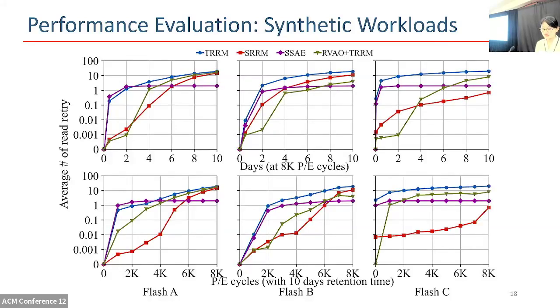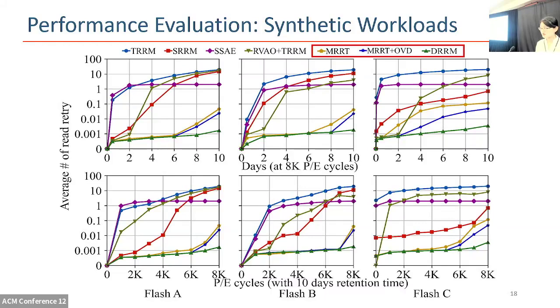The existing method has some improvement compared to the traditional method, but retries are still serious as P cycle and retention time increase. We also evaluated our proposal step by step, and it outperforms others with minimal retries, approaching near zero.